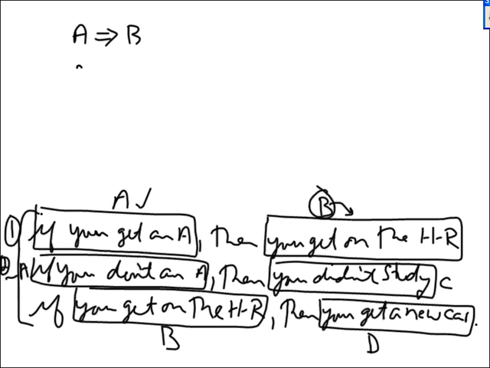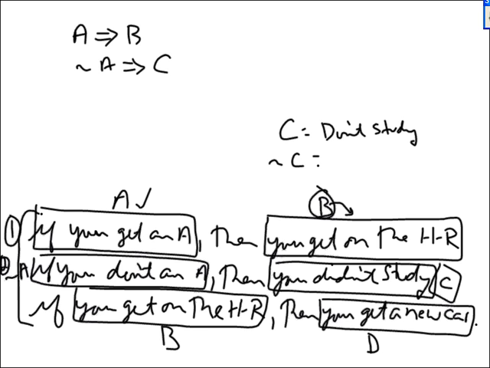Not A implies C. Just for the record, if C means you don't study, then not C, the negation of that, means it's not true that you don't study, so not C would mean you do study. Okay, the last statement. If you get on the honor roll, which is B, then D. Then you get the new car.